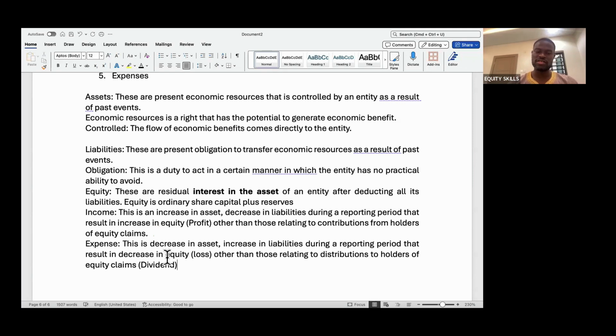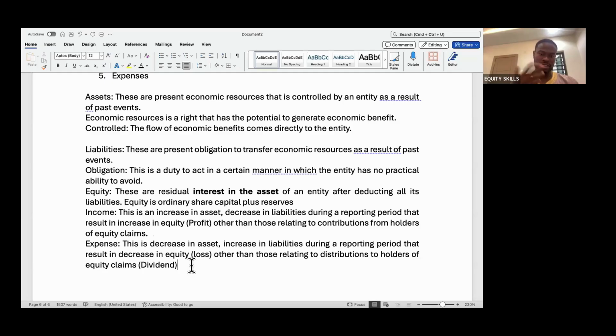So the decrease in equity here is loss. When you make a loss, it's an expense, not the one that has to do with paying dividend. When you pay dividend, it also decreases your equity because you're paying dividend from your retained earnings, right? That is not an expense.